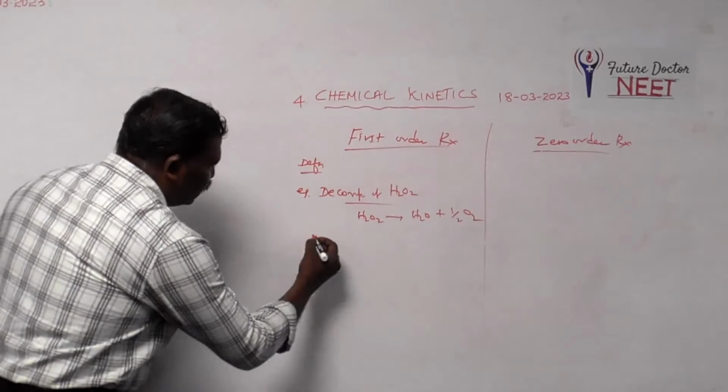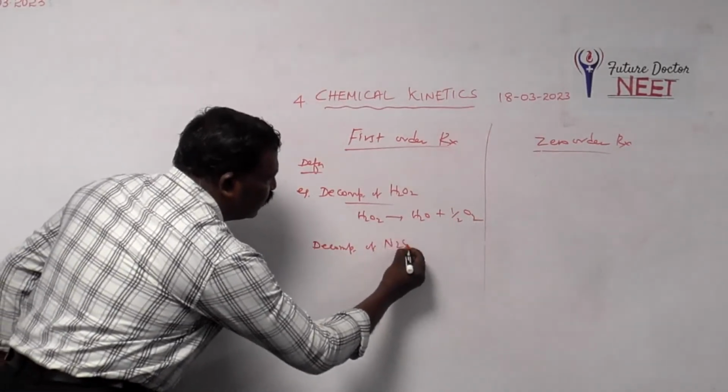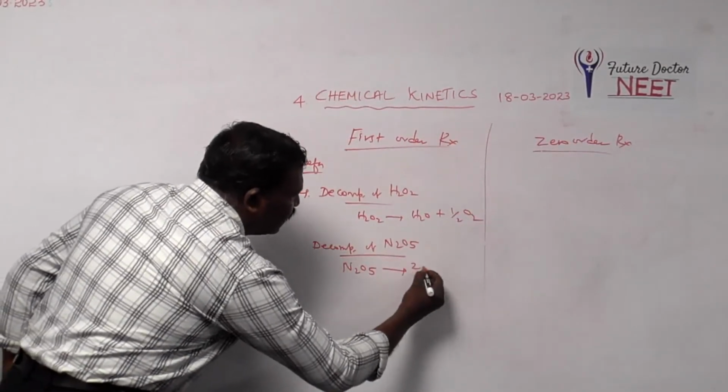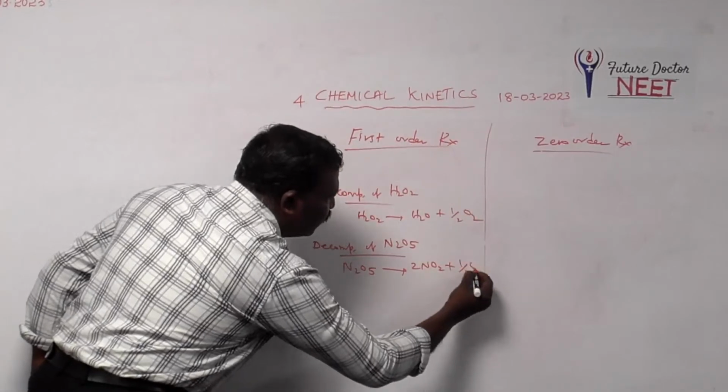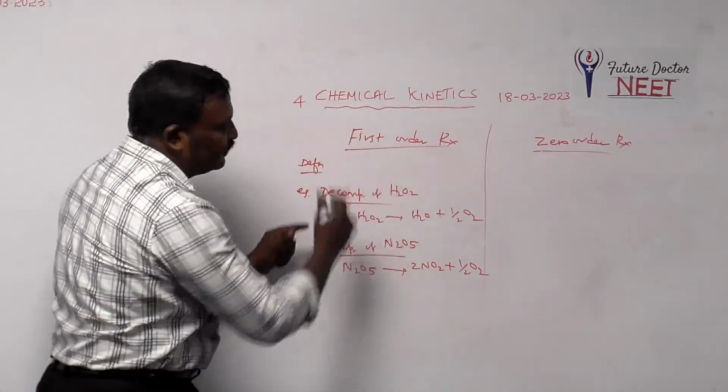Decomposition of H2O2 or decomposition of N2O5. N2O5 decomposes to get 2NO2 plus half O2, like that. Only one reactant is involved, so it is considered a first order reaction mostly.